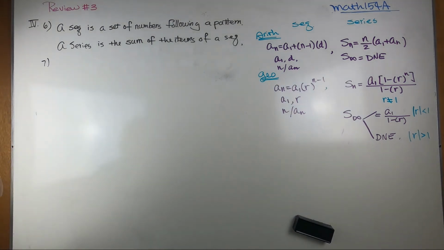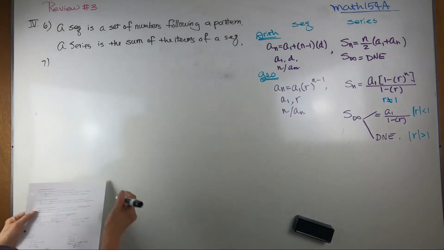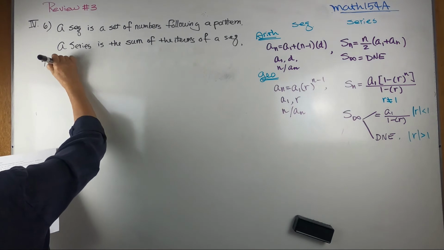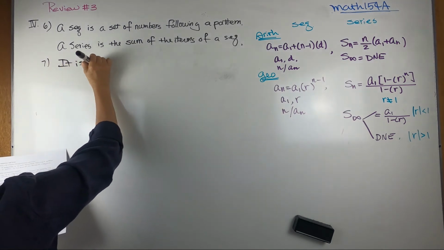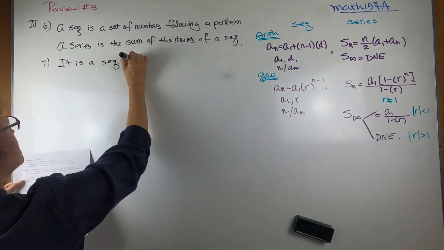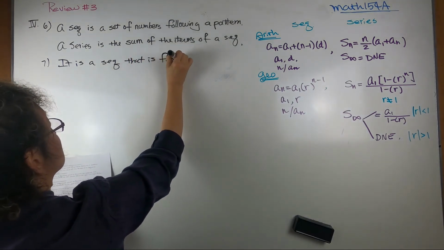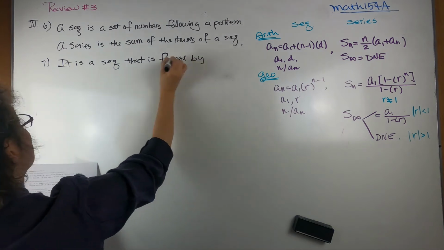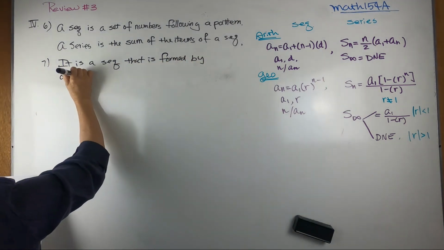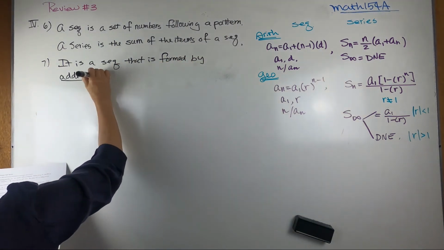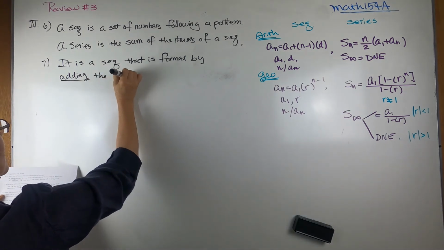Then if we ask you what is an arithmetic sequence, it's by adding a number to get the next term for the pattern, right? So you can say it is a sequence that is formed by adding numbers, adding the same number, the same amount.